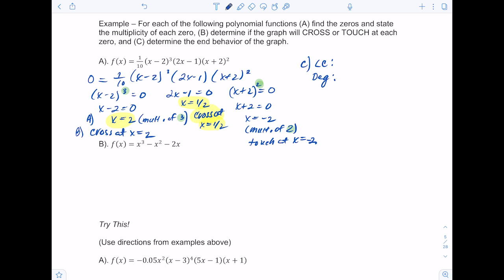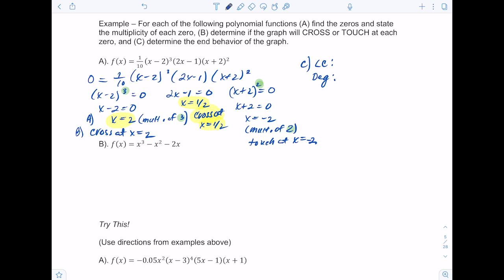So my leading coefficient here, right, I would have a 1/10 x, and then a 2x, and an x. So if you multiply them, you would get 2/10, and then it would be x to the 6th power, because you have an x cubed, an x to the 1st, and an x squared. So if I add those, I get x to the 6th.